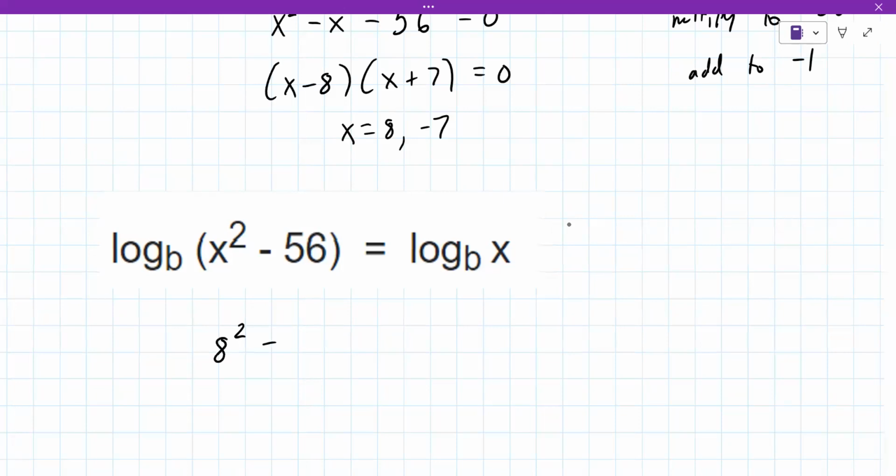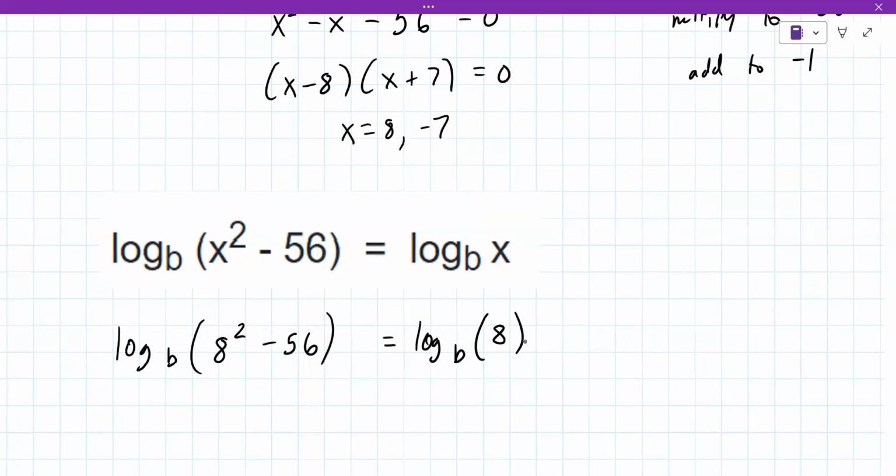8 squared minus 56. Does that equal 8? Could you check that for us, please? Sure. I'm just asking you to calculate 8 squared minus 56 and decide if that's 8. Yeah, that equals 8. Okay. Now, is the log base b of 8 okay?